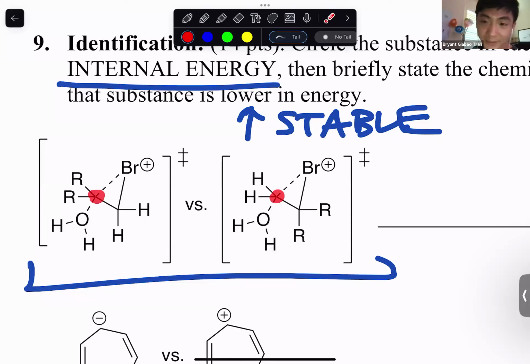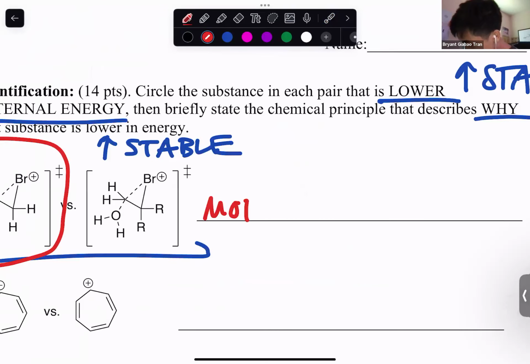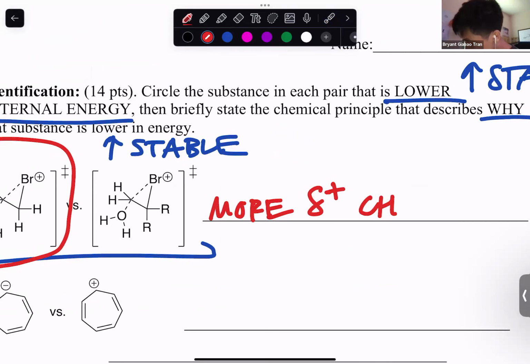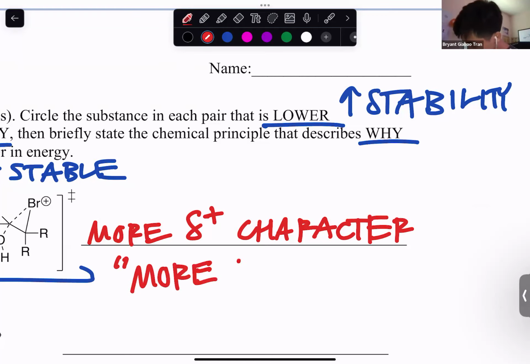Left one, yep, because the left one here has more R groups, more hyperconjugation, right? So we're going to choose this as the lower energy or more stable one because of more positive charge character, or you could say more hyperconjugation.